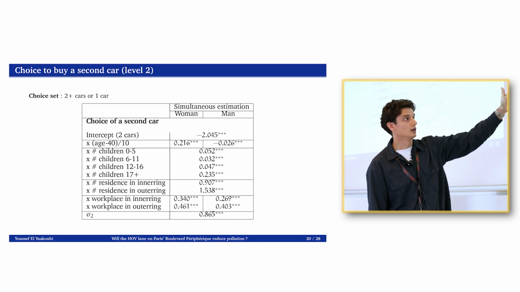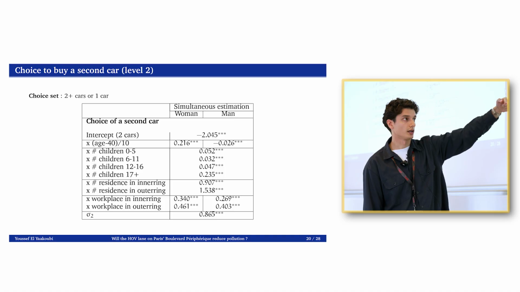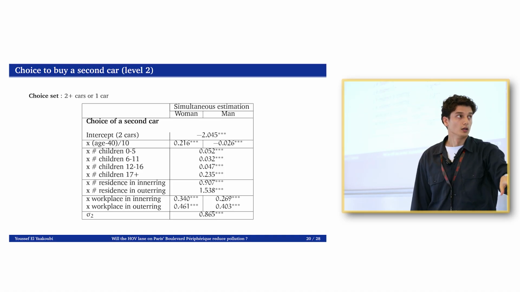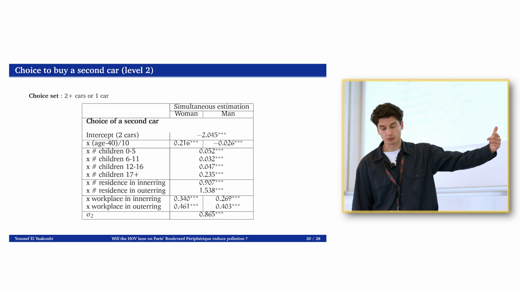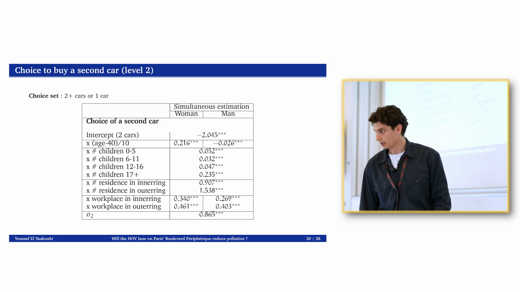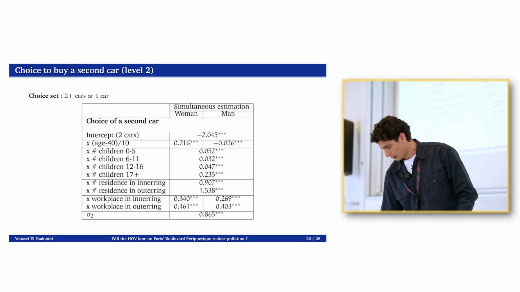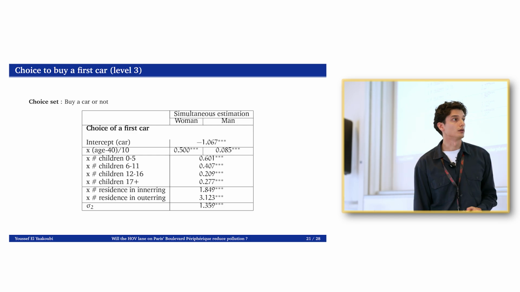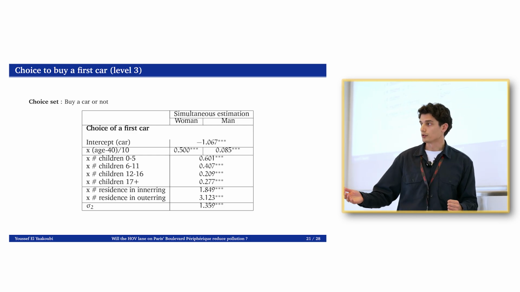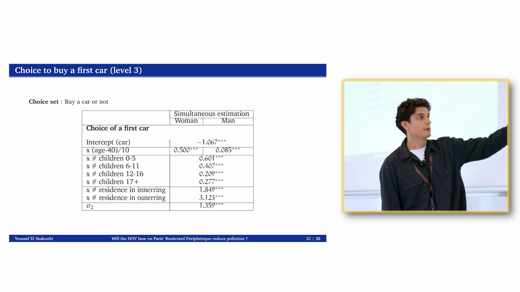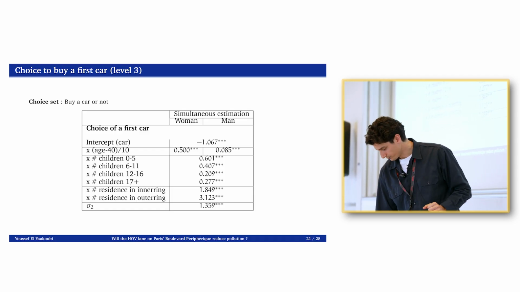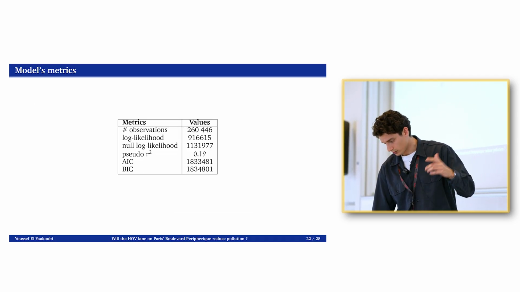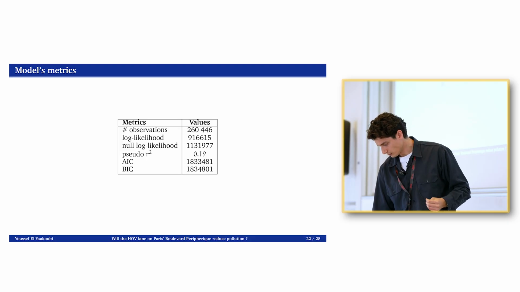We can see that when living in the inner ring and in the outer ring, they are more likely to buy a second car, as well as when they are working in the inner ring or in the outer ring. And the same for the choice to buy a first car or not. So we can see the same expected results here. And those are some metrics on the model. We can talk about it later if you want.